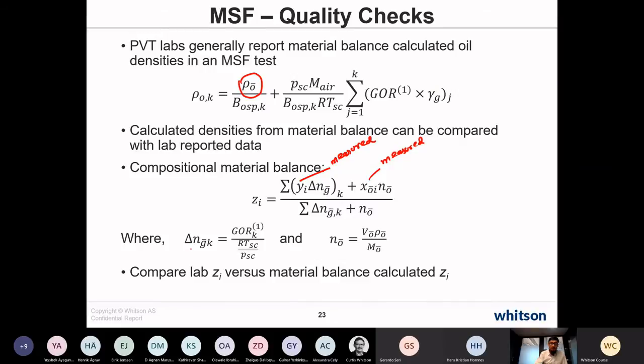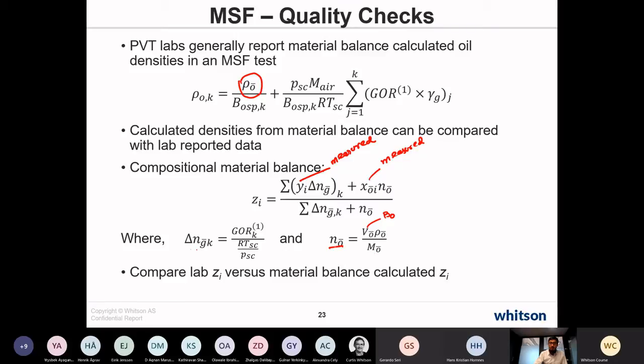So we can calculate the number of moles of the gas removed at each pressure stage. And we can also calculate the moles of the stock tank oil that is present, which is the oil volume, which will come from our BO from the separator test, the surface oil density and the surface oil molecular weight.